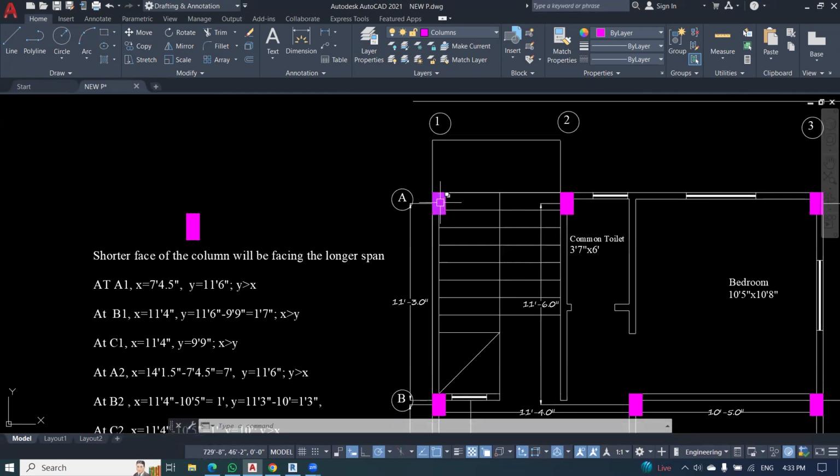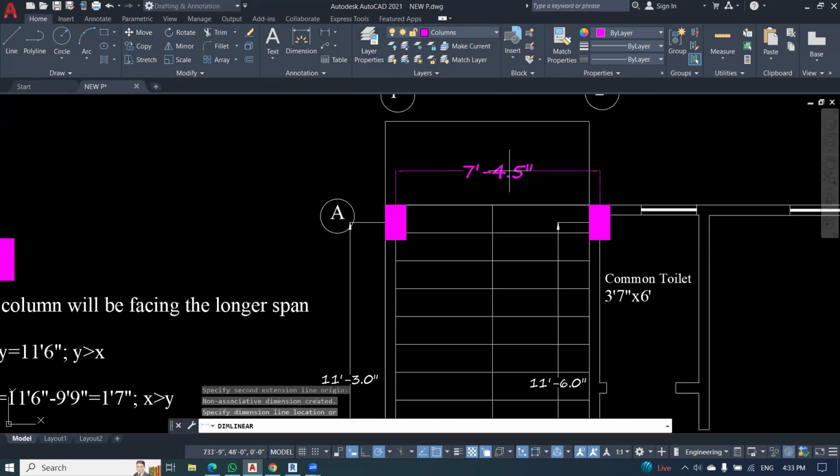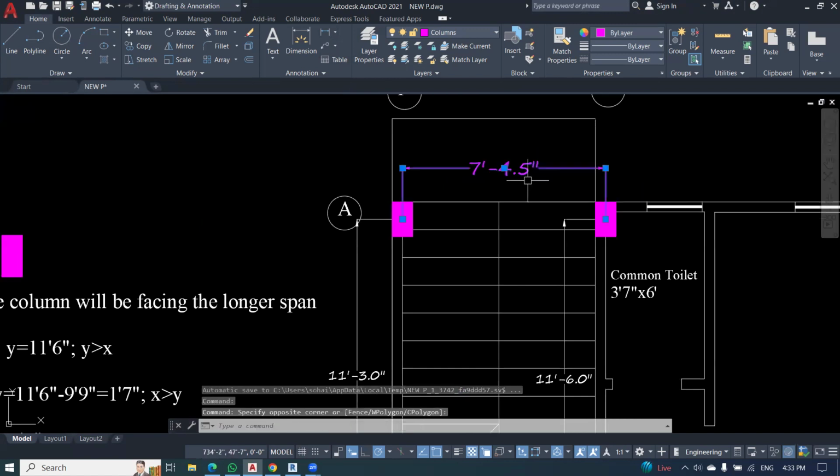At A1, the beam from column A1 goes to A2. So how much is the x distance? The center to center distance is 7 feet 4.5 inches.